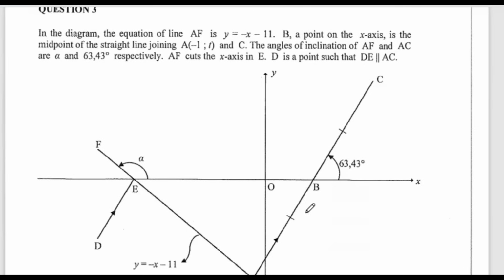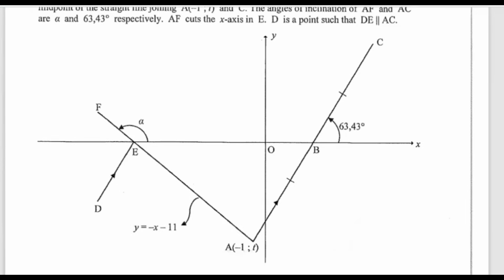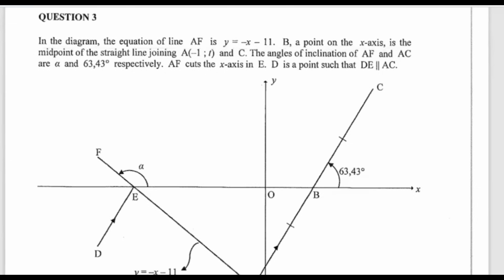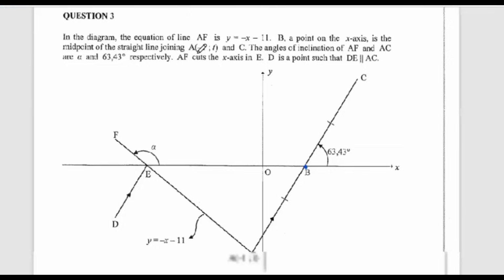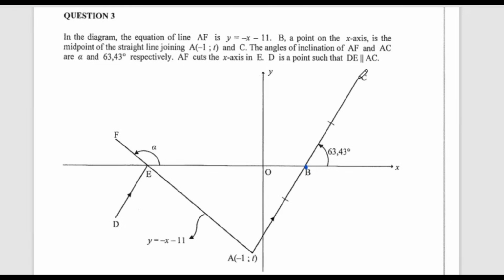This is the line AF. B is a point on the x-axis such that this B is a midpoint. The straight line joining A, which is down there. It's joining A and C.